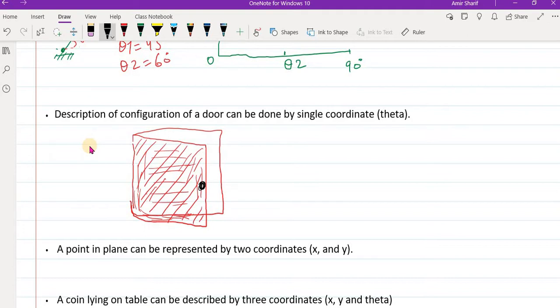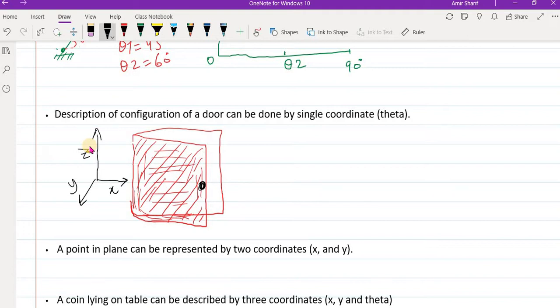In which axis does it have motion? Of course it's rotating about, let's say, the z-axis. Here you have the z-axis, this is your x-axis and this is your y-axis.